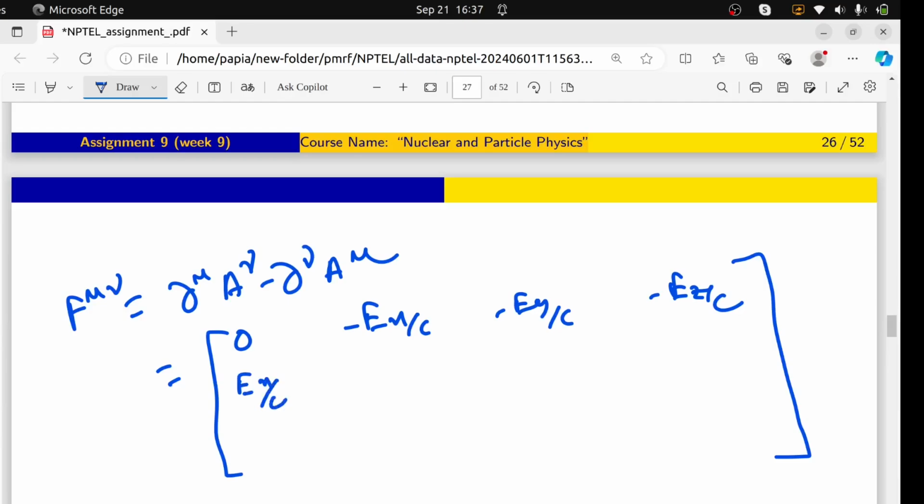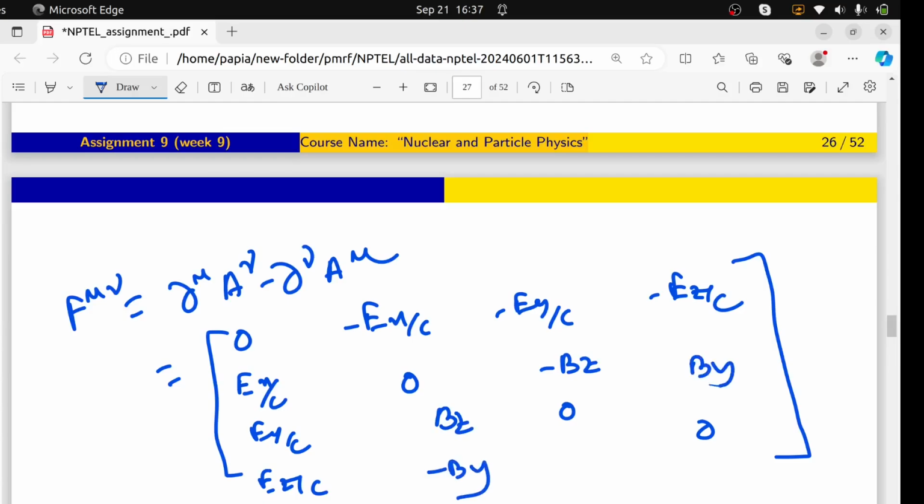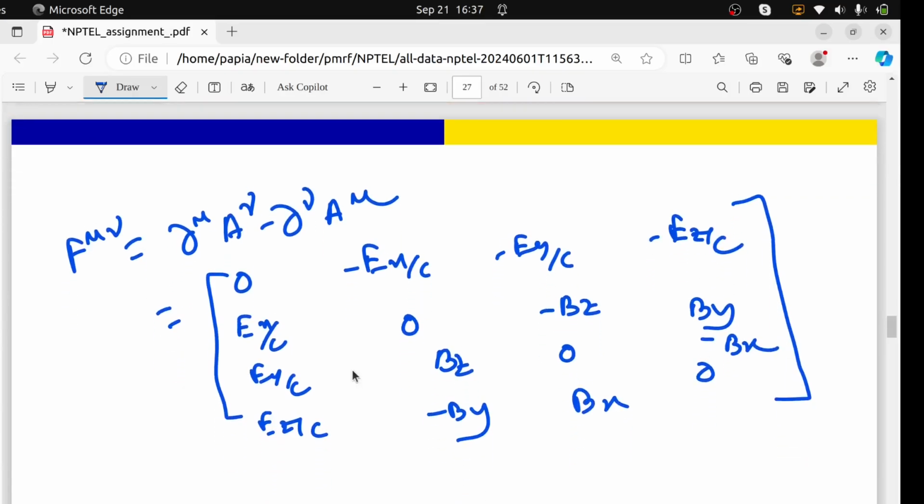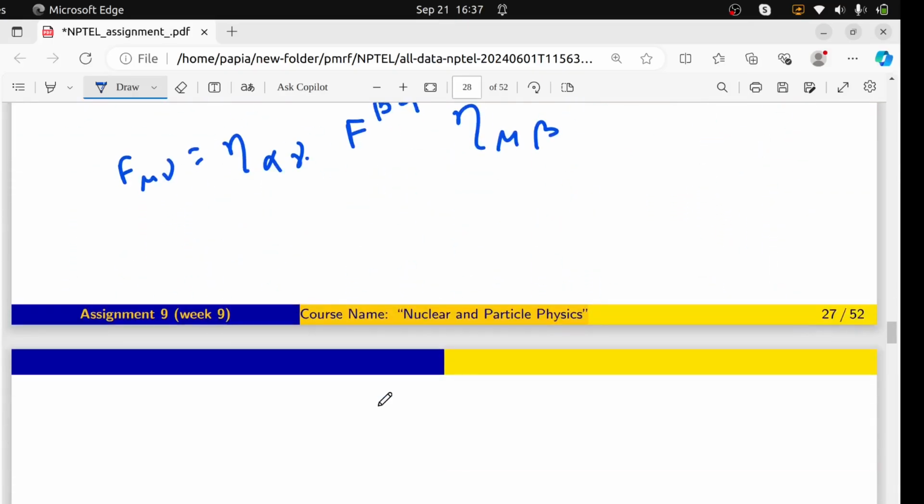Then it is Ex by c, Ey by c, Ez by c, then 0, 0, 0. It is minus Bz, this is Bz, this is minus By, this is By, this is minus Bx, this is Bx. So this is the F mu nu expression.